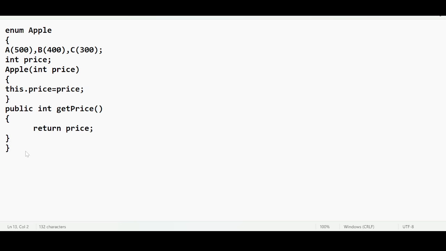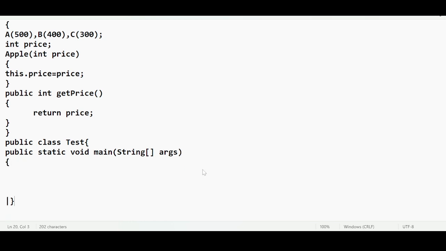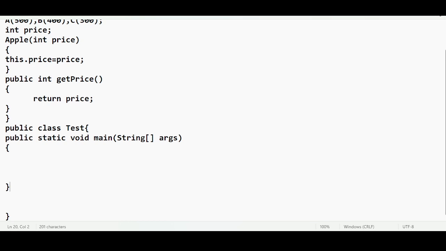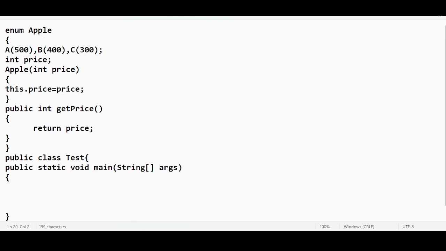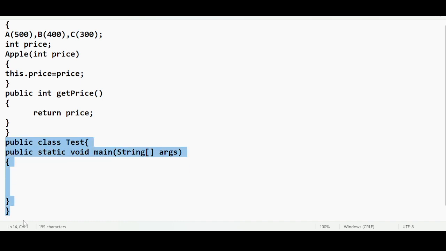I am taking another class, public class Test, and inside this Test class I am taking the main method, public static void main, with a String array. I have taken the enum and I have taken a class. This is the main class because I have defined a main method here.